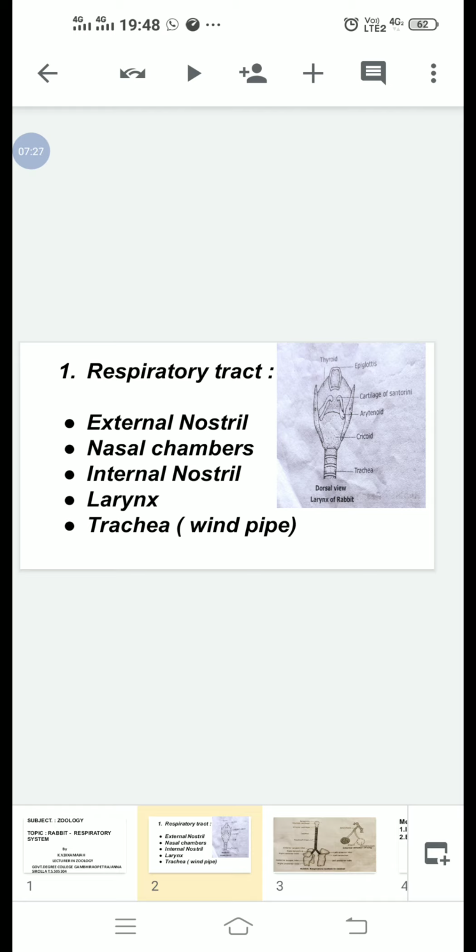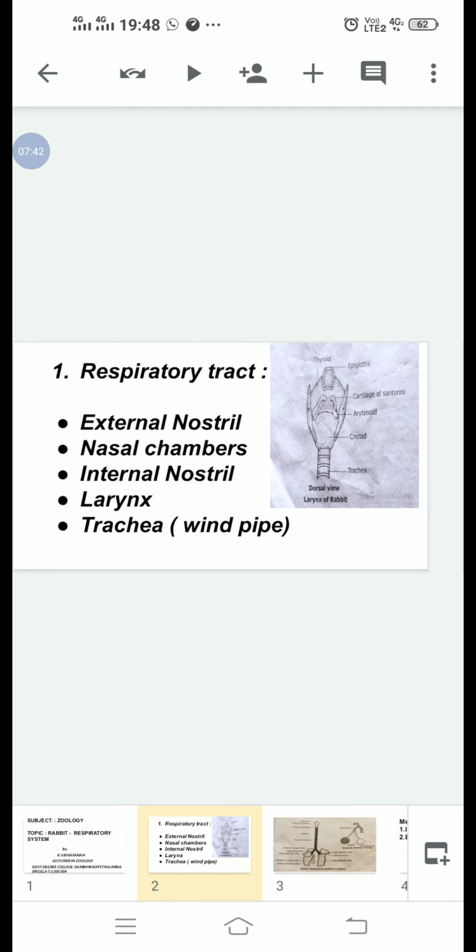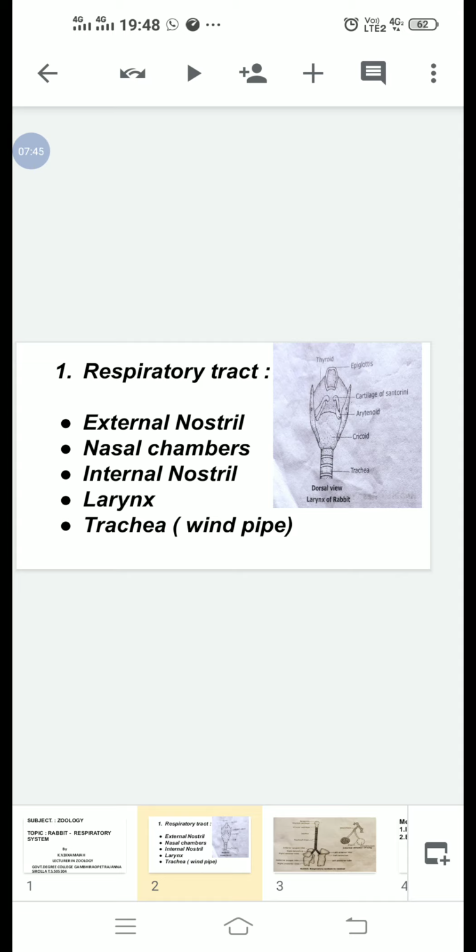Behind the thyroid cartilage is a ring-like cricoid cartilage. On the dorsal side of the larynx, there is a pair of arytenoid cartilages. Each arytenoid cartilage at its anterior end bears a nodule-like cartilage called cartilage of Santorini.